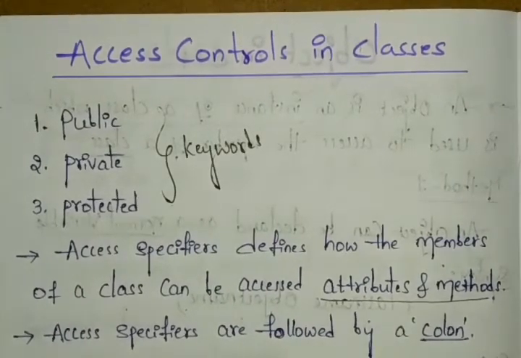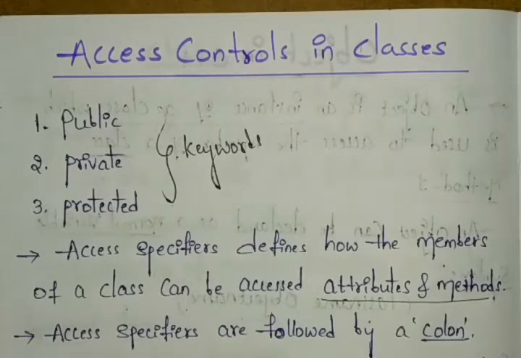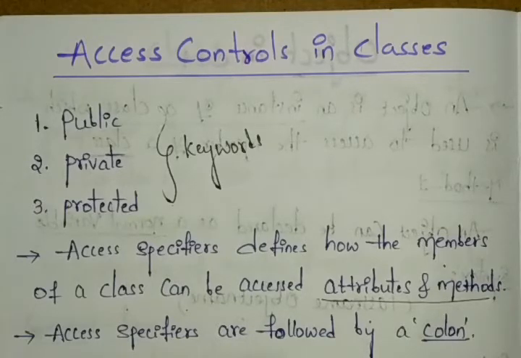These access specifiers are used to set the boundaries of the availability of the members of the classes. If you set the boundaries, then the data members or the member functions can work within our classes.